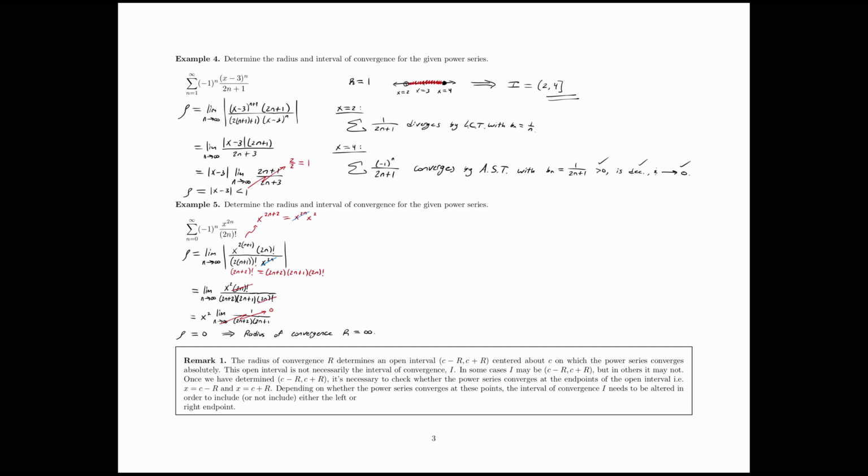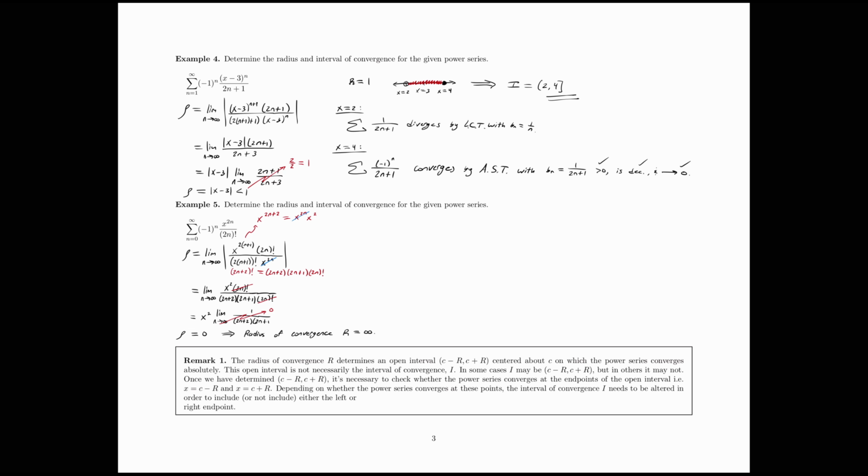And again, it can be a little counterintuitive, because if you just look at this statement and then look at this statement, it seems like they are complete opposites: that a result of rho equals 0 means a radius of convergence of infinity. Well, think about what this is actually saying. The value of rho doesn't depend on x, because this expression on the right-hand side of the equal sign doesn't contain any x's at all.